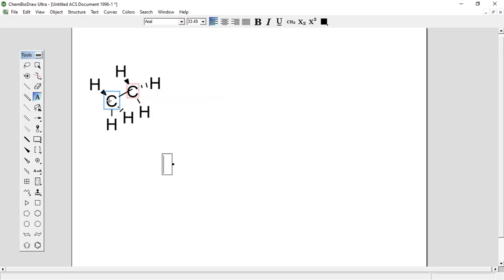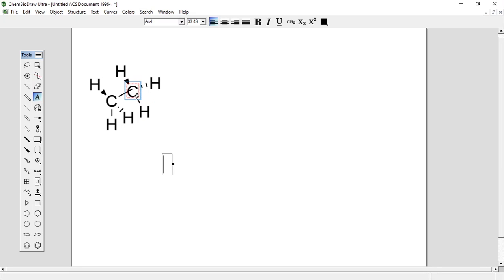This carbon is attached to 3 hydrogens. The hydrogen which is present on this simple line is in the plane of paper. The hydrogen present on the dash line is away from the observer, and the group present on the solid line, whatever the group is there, is towards the observer. Same for the second carbon, the hydrogen present on this simple line is in the plane of paper.